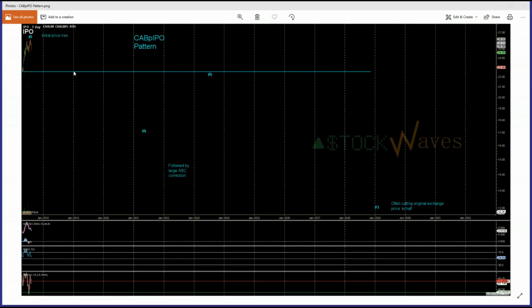But one of the things that we noticed with what we called the CAB PIPO pattern, or the Cowabunga IPO post-IPO pattern, is that often, this isn't the most important part, but often once something hits an exchange, the IPO will get an initial price rise. And sometimes that will last a few days, a few weeks, even sometimes a few months.